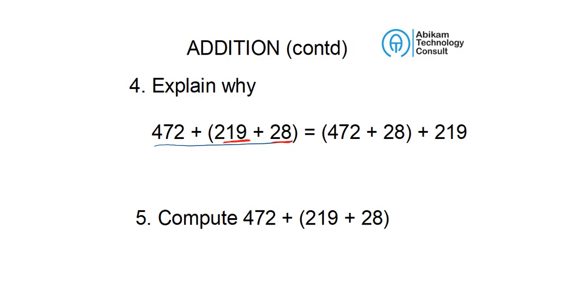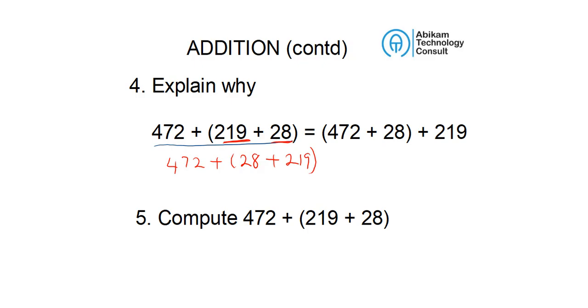If you flip, we have 472 plus 228 plus 219. So we have been able to flip. And according to our commutativity rule, flipping does not change the result of our counting. So we have it like this.